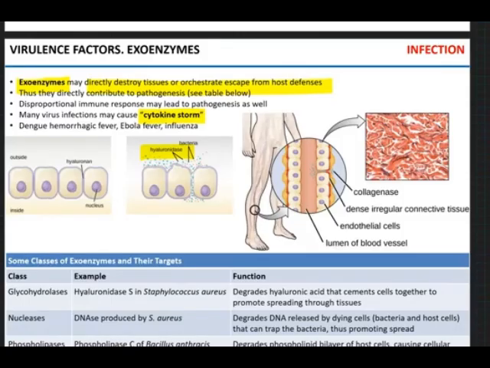Myalgia, arthralgia, headache, fever, all of that is your own immune system releasing too many cytokines. Okay? So, for instance, in hemorrhagic fevers such as Ebola or Marburg or Lassa or Nipah, you name it, people have all the symptoms, hemorrhages and stuff, not because of the virus itself, but because of your immune system going completely berserk on your own tissues. And it's been shown that actually immunosuppressive therapies help.